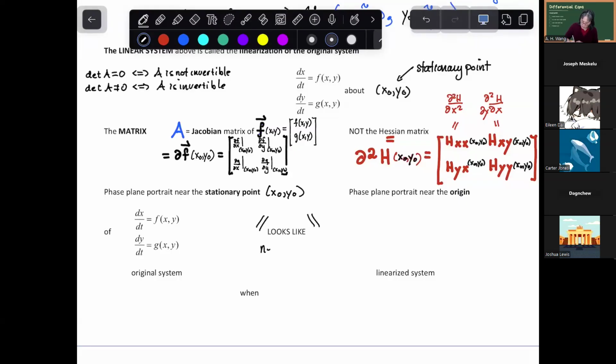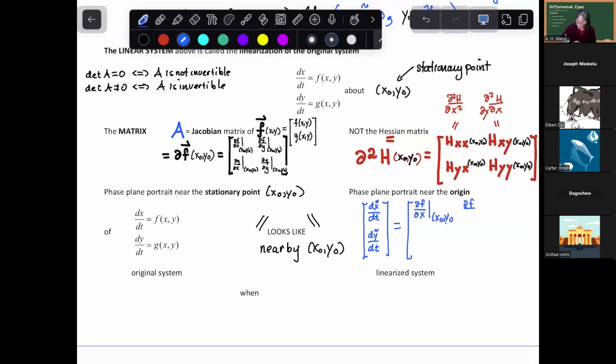Of course, only nearby x naught, y naught, it's going to look like this: dx tilde dt, dy tilde dt equal partial of f with respect to x, evaluated at x naught, y naught.